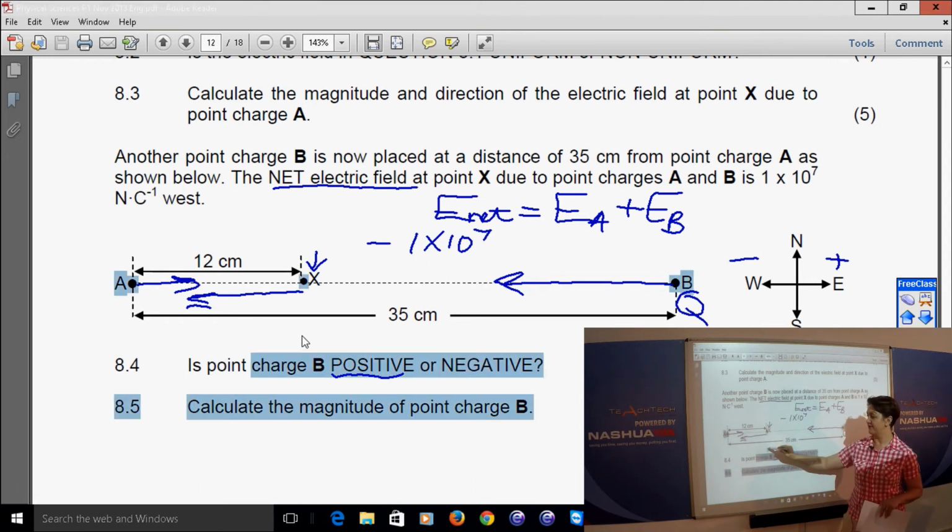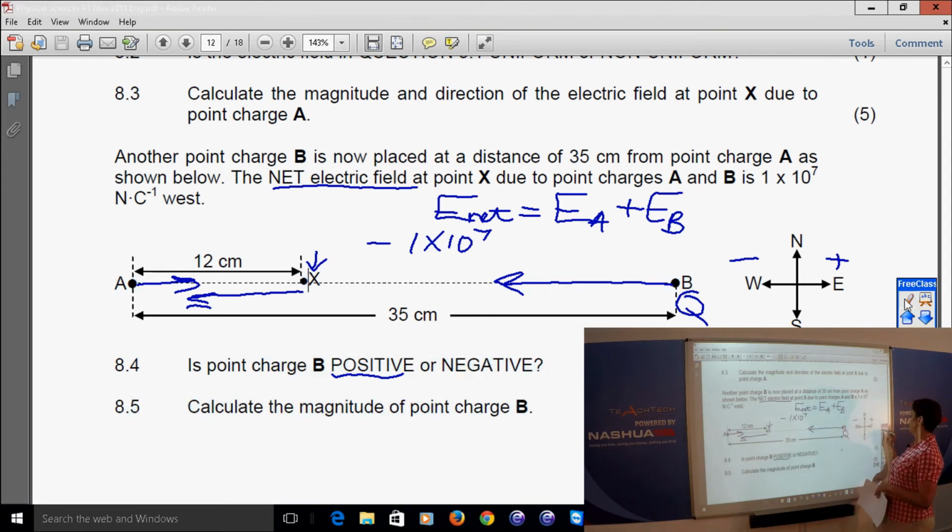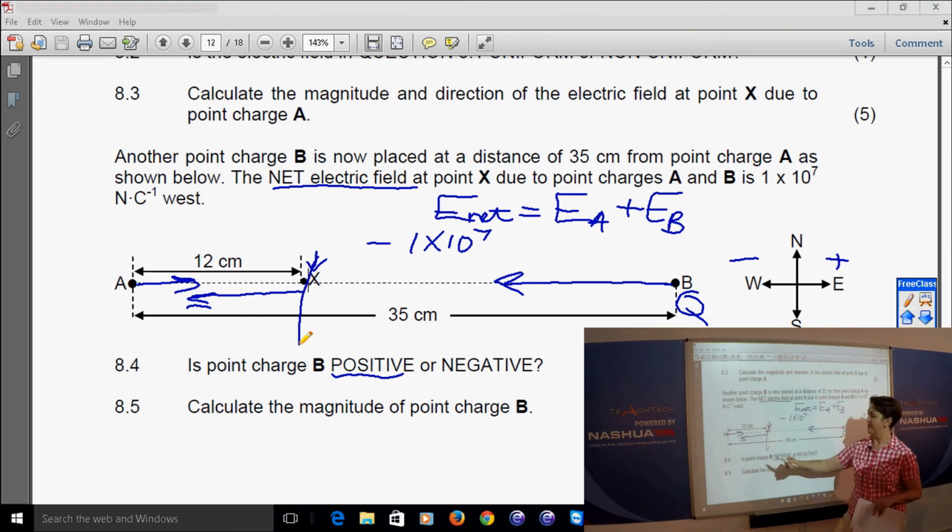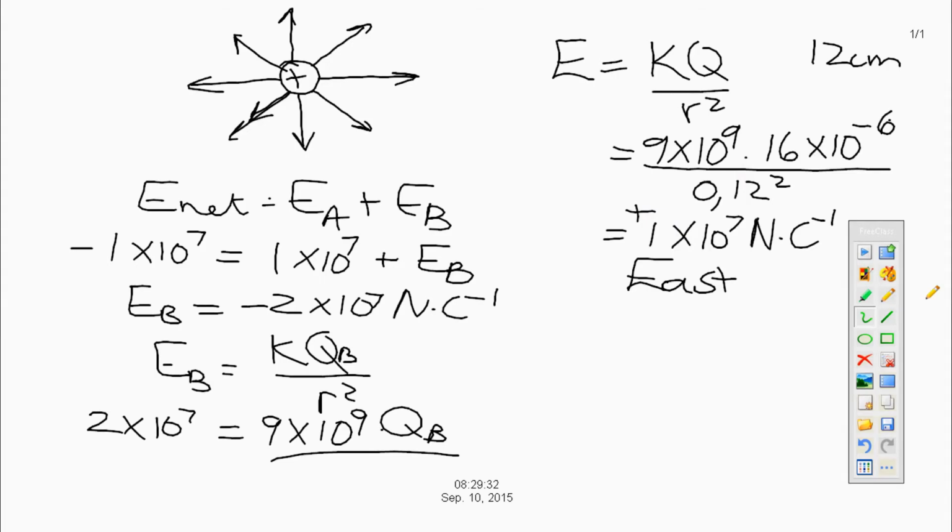And if you subtract these two, we will get the distance from X to B, which is 23 centimeters. Right, so that is what we will be substituting in here, just in meter form, 0.23 squared. And that will give us a value of 1.18 times 10 to the power of minus 4 coulomb.